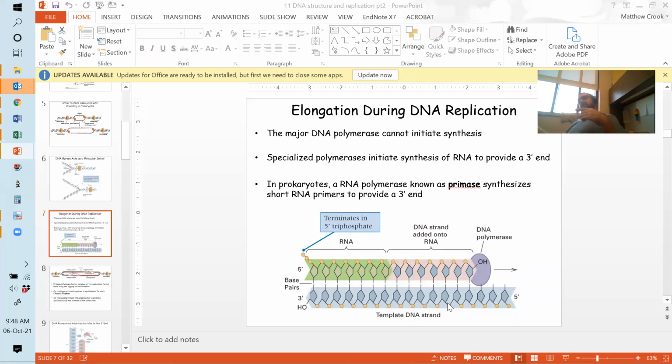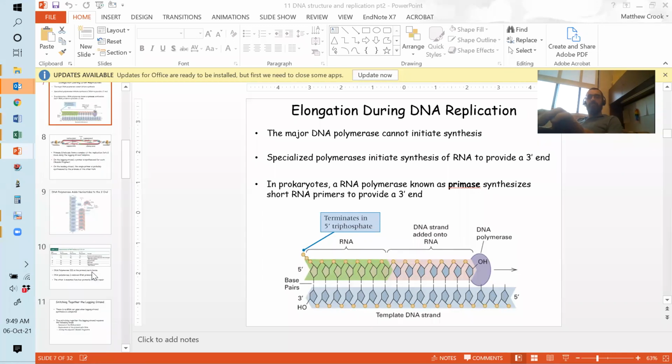Every time that DNA is looped out and brought back in again, you need a new primer. Synthesize a small chunk of DNA, hit what you've already done, flip the DNA out, flip it back again, synthesize a new primer, make a small fragment, hit what you've already done, flip it out again, and so on and so forth. So this has to be done every single time.